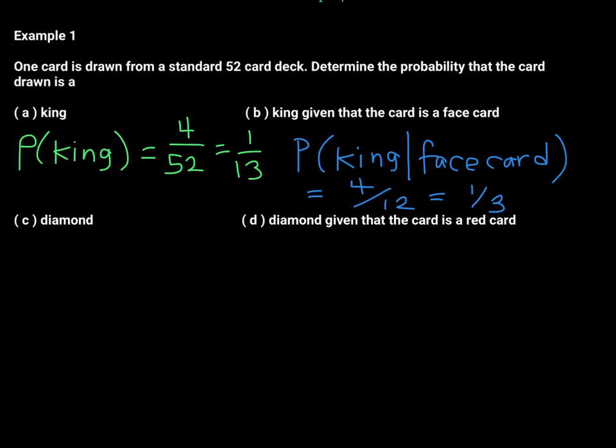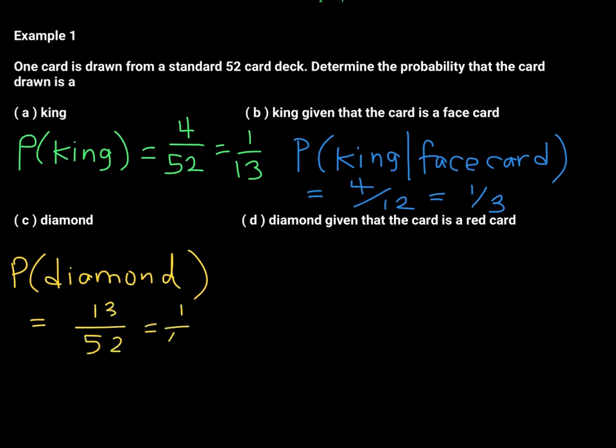So there's 13 spades, 13 clubs, 13 hearts, 13 diamonds. Therefore, the probability that we choose a diamond is 13 out of 52. So a quarter, 25%, is the probability that we'll choose a diamond.